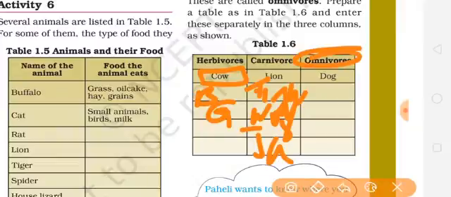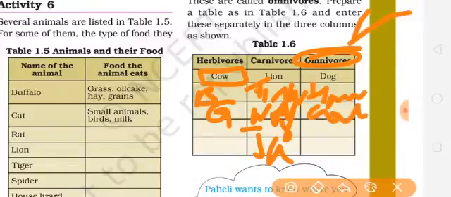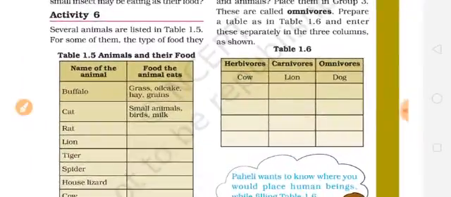And I hope everyone understood all these terms. What are the terms I said you now? That is herbivores, carnivores and omnivores. I hope you understood the definitions. What are called herbivores? Herbivores, we can say that the animals which eat only plants or plant products.